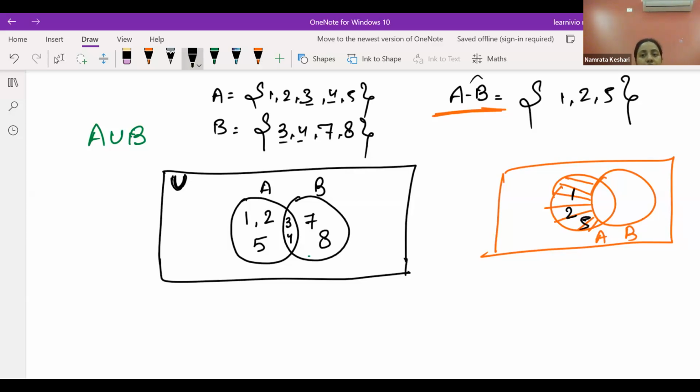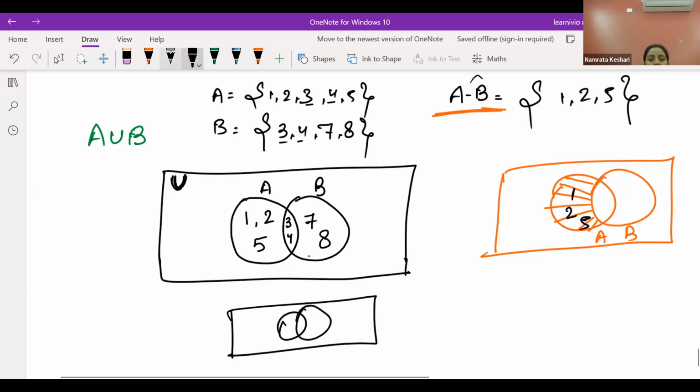Getting it? Yes, ma'am. This is only A minus B. If we have to shade B minus A, then we will have it like this. This is B minus A. Do you understand these things, Manvi?